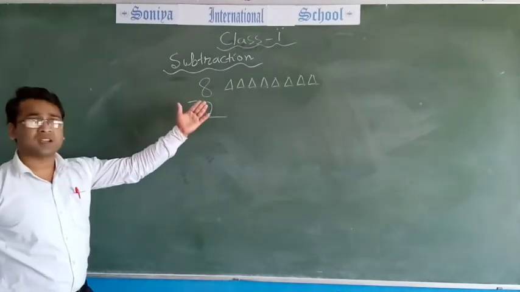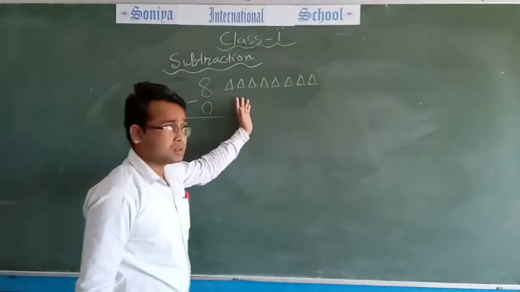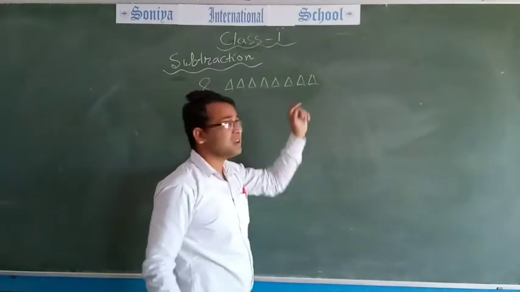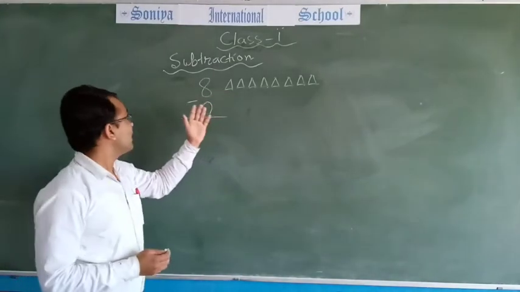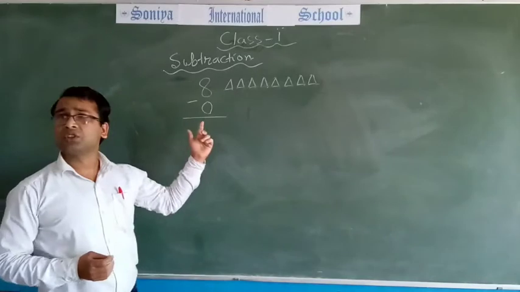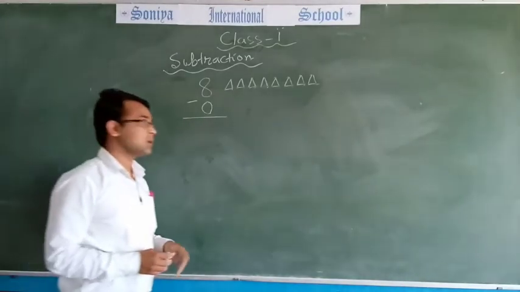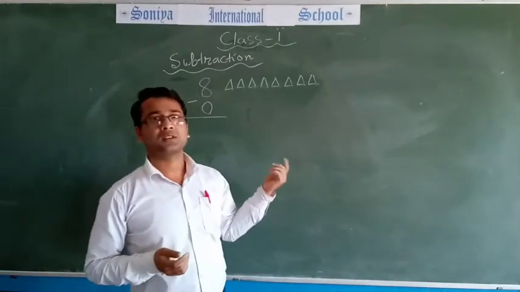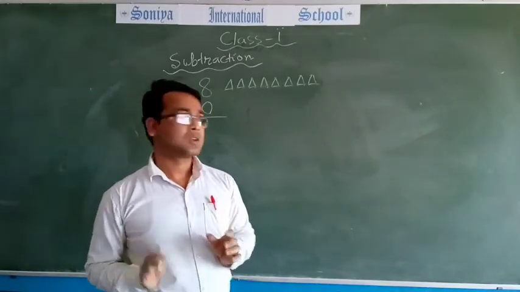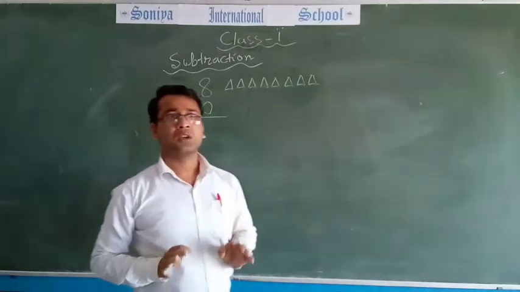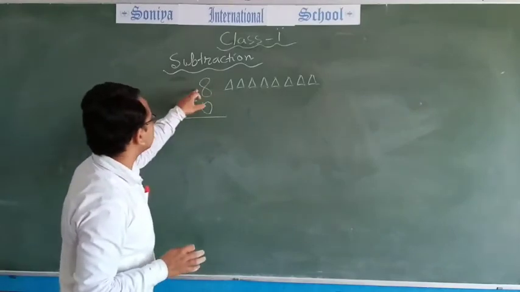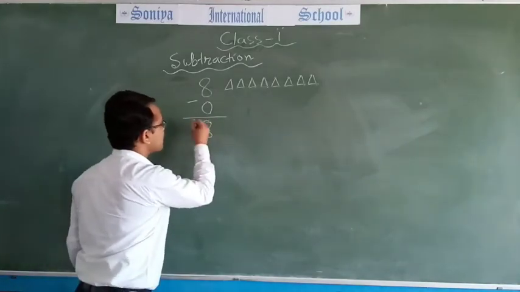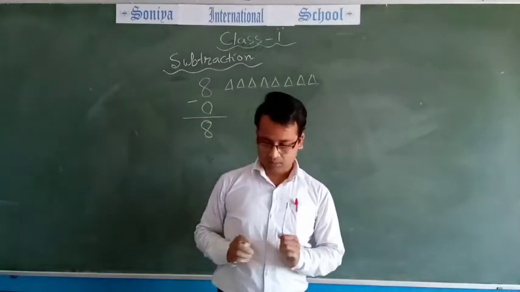How many triangles did I draw? 8. Take away 0. 0, as I discussed previously, is nothing, no more objects. So 0 is no objects. Then 8 minus 0 is equal to 8. Understand? Yes.